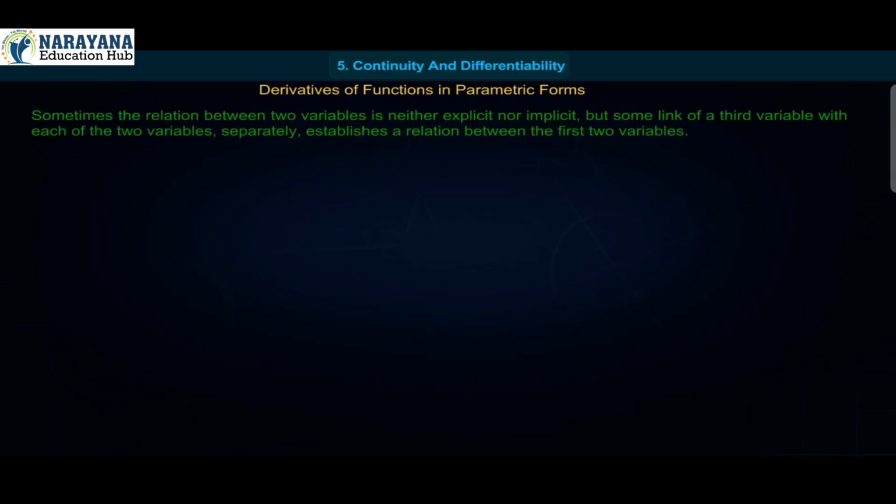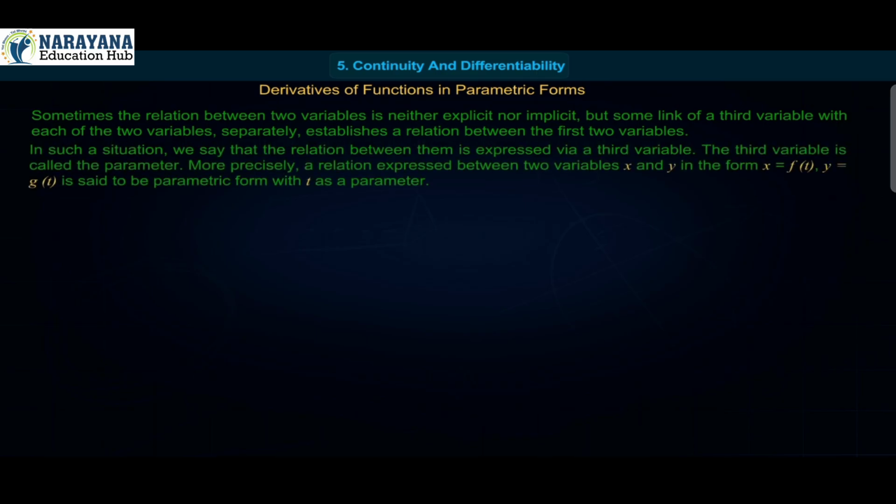Derivatives of functions in parametric forms. Sometimes the relation between two variables is neither explicit nor implicit, but some link of a third variable with each of the two variables separately establishes a relation between the first two variables.